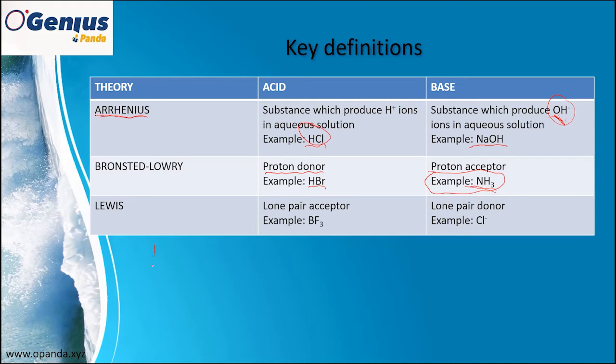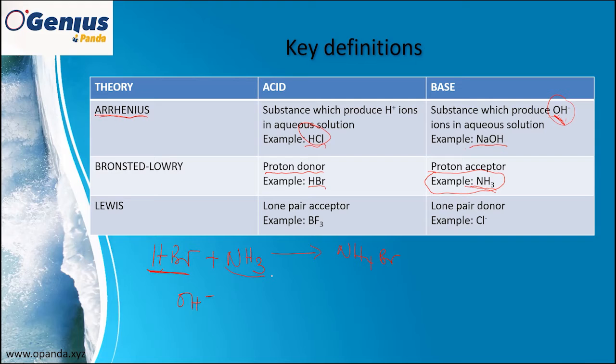When hydrogen bromide reacts with ammonia to produce ammonium bromide, you can see there is no OH involved. So the ammonia simply is a proton acceptor, and hydrogen bromide here is a proton donor.